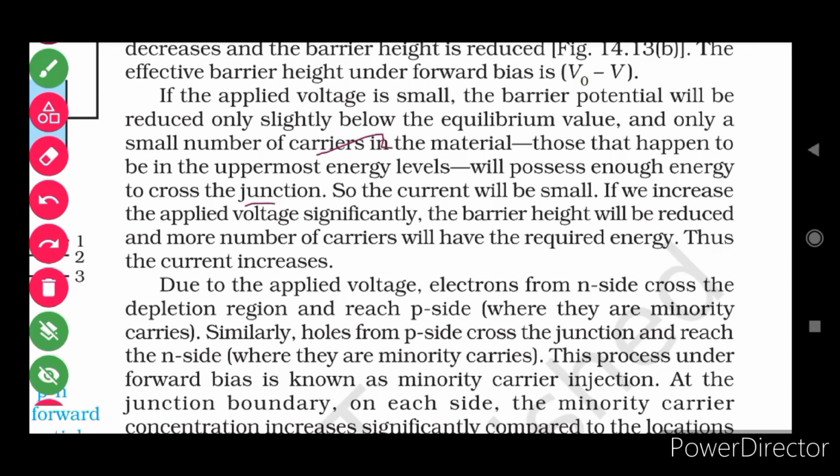They will have the energy to cross this depletion region. Still there is a depletion region, so the current will be small obviously. But if we increase the applied voltage significantly, the barrier height will be reduced, and a larger number of carriers will have the energy to cross the barrier. With the decreasing barrier, the current increases.